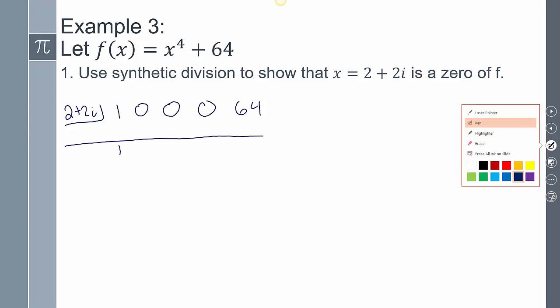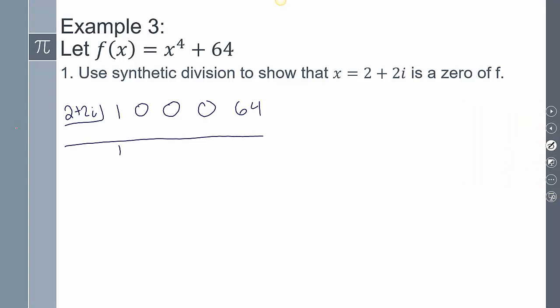Now I'm going to change the color so we can see it off to the side. But now I need to multiply. So it's going to be 1 times 2 plus 2i. So that's just going to be 2 plus 2i. Now add straight down. Now I need to multiply this, so 2 plus 2i times 2 plus 2i.